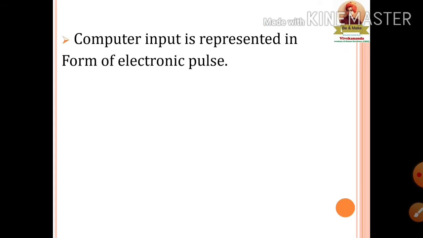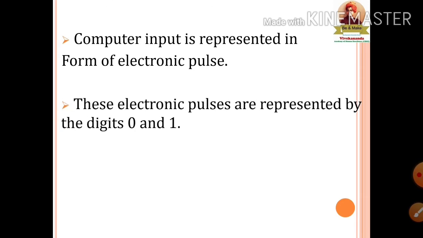The characters that we are inputting in the computer system have to be represented in the form of electronic pulses, and these electronic pulses are represented by the digits 0 and 1. The digit 0 represents the absence of pulse, that is the off state, and the digit 1 represents the presence of pulse, that is the on state of the computer.